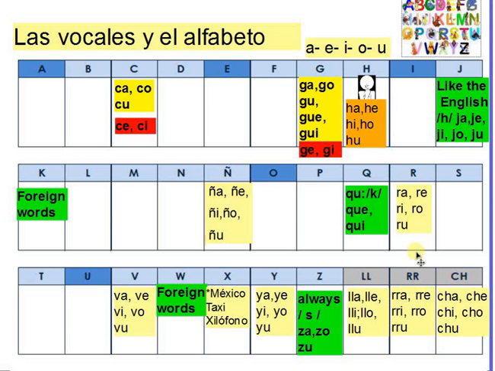But whenever you see double R's, it's always the long trill: rra, rre, rri, rro, rru. And finally, we have the letter che. It's a combination of a C and an H. And you're going to go cha, che, chi, cho, chu.